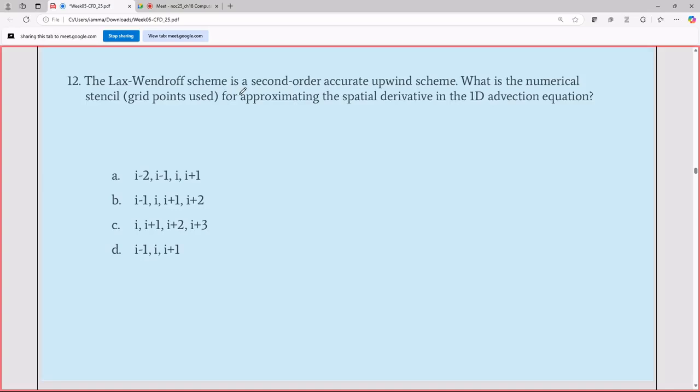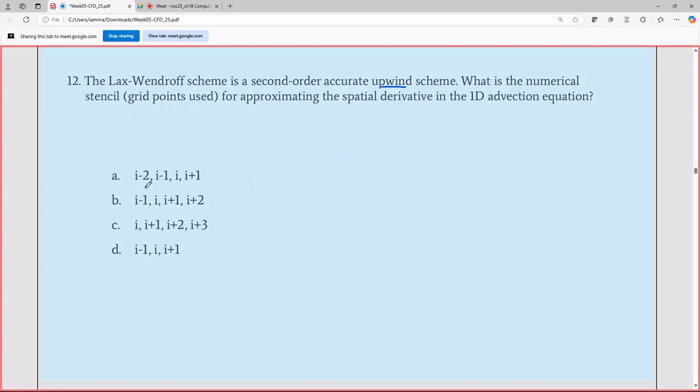Lax-Wendroff scheme is a second order accurate scheme. What is the numerical stencil, or grid points, used for approximating the spatial derivative of the 1D advection equation? The question is on the stencil of the Lax-Wendroff scheme.